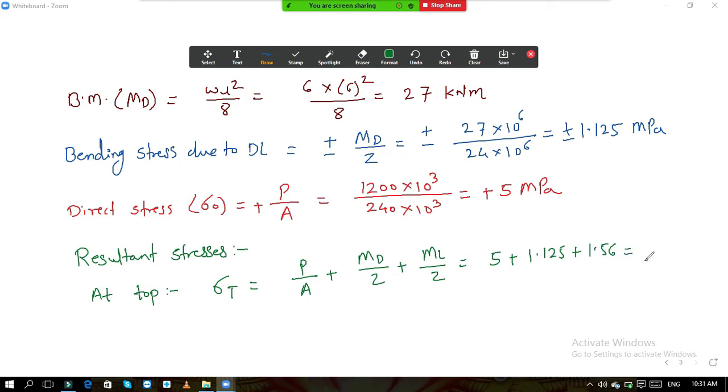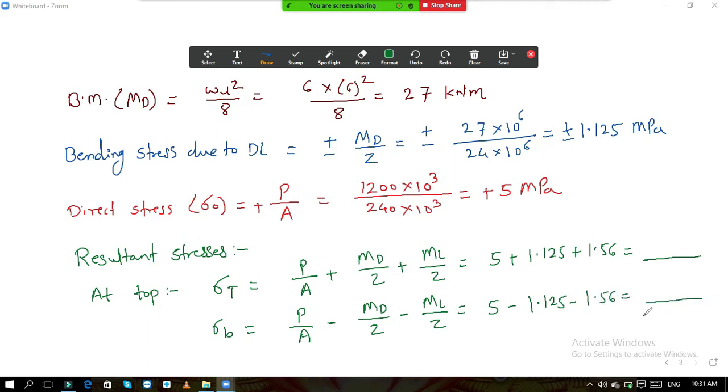So you will get the final answer over here, and sigma bottom is equal to P by A minus MD by Z minus ML by Z, which is equal to 5 minus 1.125 minus 1.56. So calculate the answer.